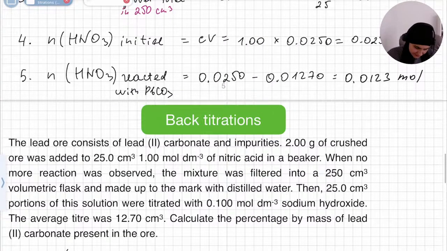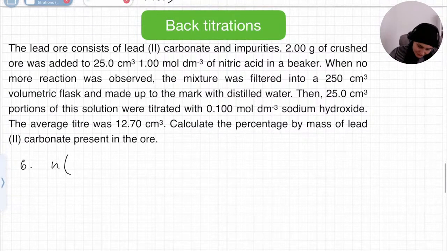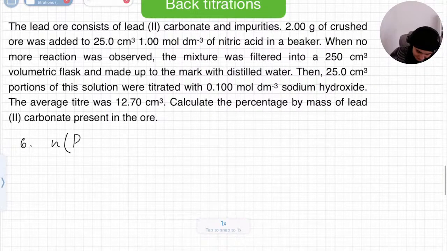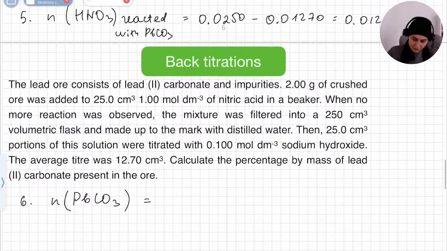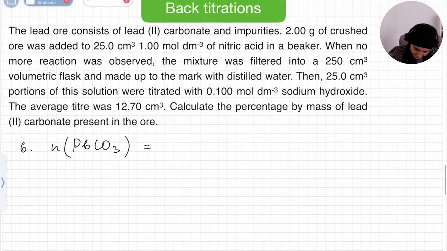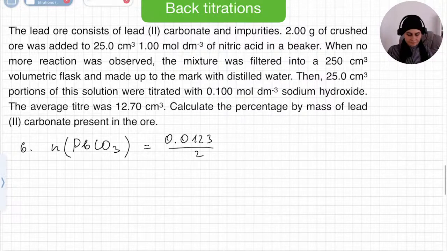Is it really 6? Yeah, it is. Okay, so now moles of lead carbonate. We said it's a 1:2 ratio, so 0.00123 over 2 is 6.15 times 10 to the negative 3.